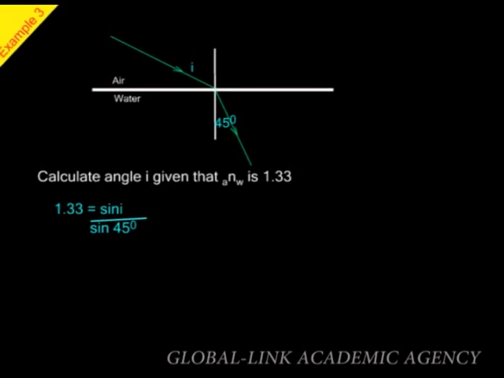If you complete that, sine I is equal to 1.33 times sine 45. Then we have sine I is equal to 0.9404. Get the inverse of that. I is equal to 70 degrees.